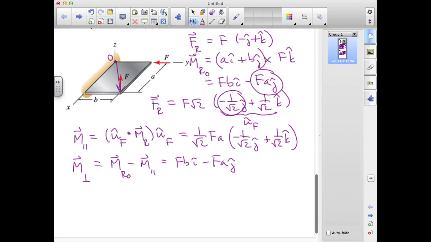We have a minus sign first in front of the J, so that minus a minus is going to give us a plus 1/2 FA in the J direction, and finally a minus 1/2 FA in the K direction. So our perpendicular moment ends up being FB in the I direction minus 1/2 FA in the J direction minus 1/2 FA in the K direction.